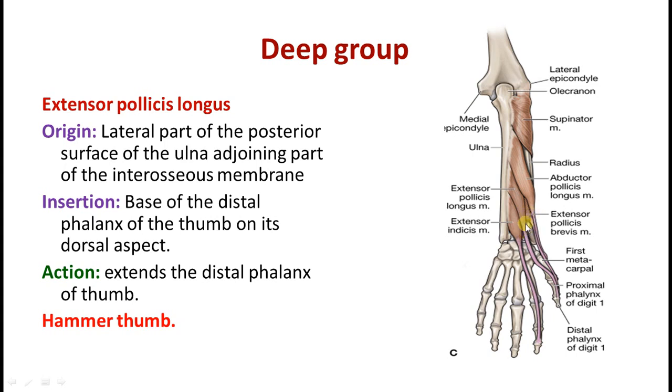Because of that, rupture of the extensor pollicis longus tendon might take place. Why? Because of avascular necrosis. When avascular necrosis takes place, there is a loss of blood supply, so the tissue dies.